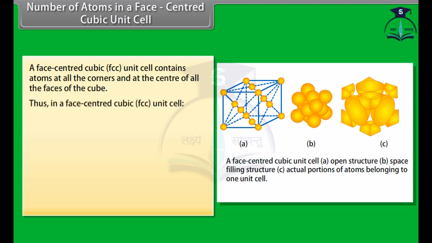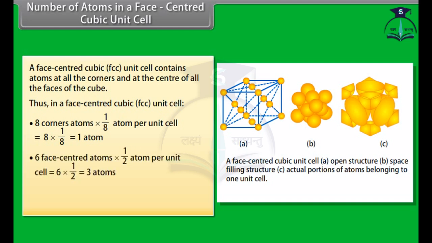Thus, in an FCC unit cell, 8 corner atoms into 1 upon 8 atom per unit cell equals 1 atom. 6 face-centered atoms into 1 upon 2 atom per unit cell equals 3 atoms. Therefore, total number of atoms per unit cell is equal to 4 atoms.